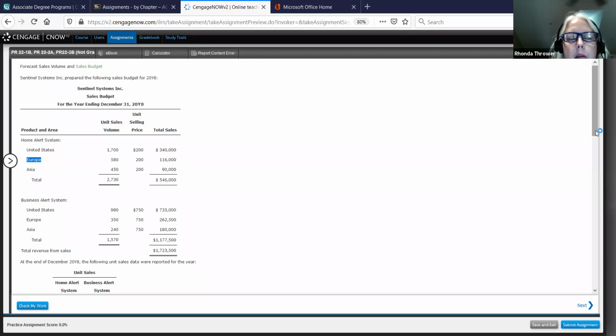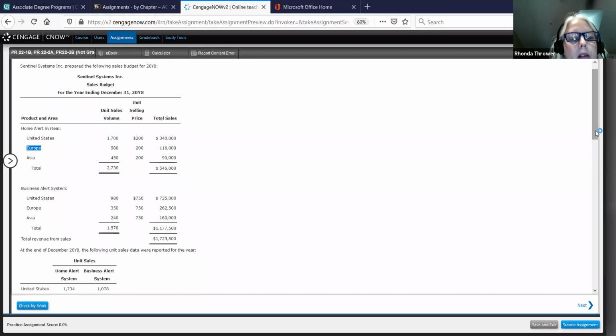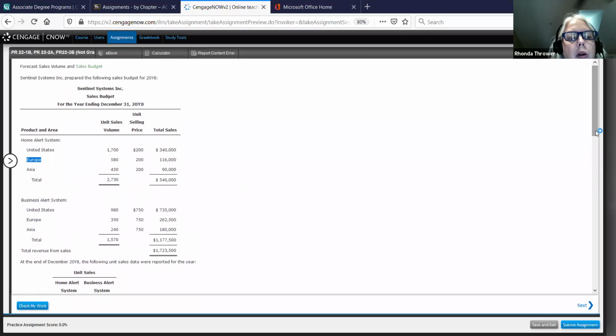And usually the budget's pretty simple, and you just multiply the number of sales units that you expect to sell times the selling price. But in this case, they've given us a sales budget that was previously prepared for Sentinel Systems, and it was for the year ended 2008.